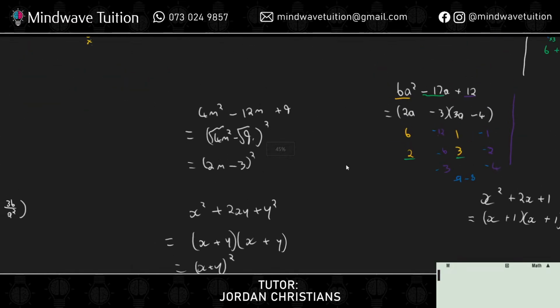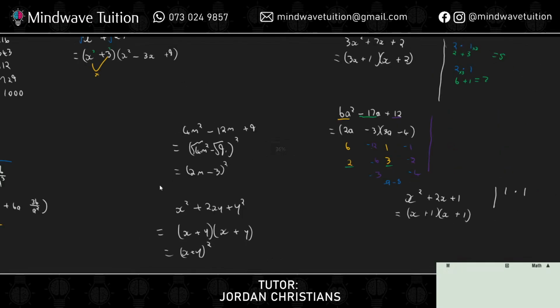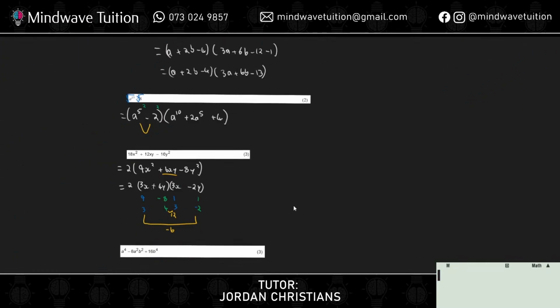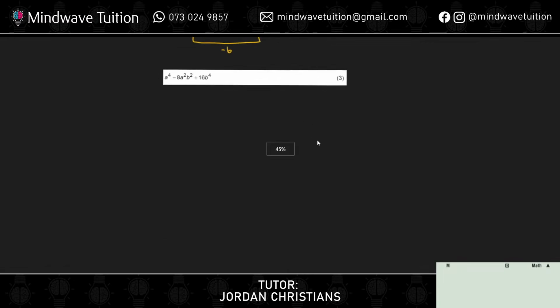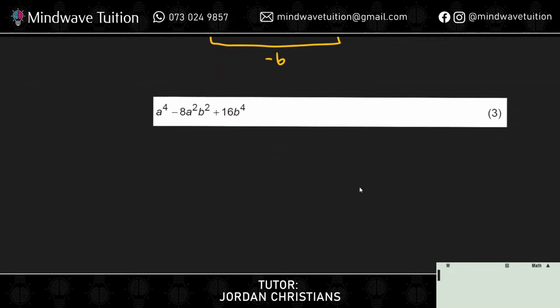So what we can use is the perfect square method, where we write the two terms and we keep the sign over the middle. We have two terms, keep the sign over the middle, and square each of them. So the two terms we have here is a and b, specifically 16. So we'll say a to the power 4 minus 16b to the power 4, all squared and square rooted.